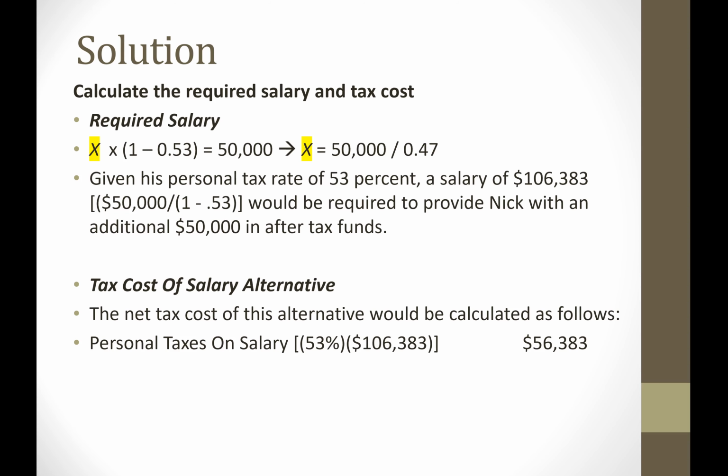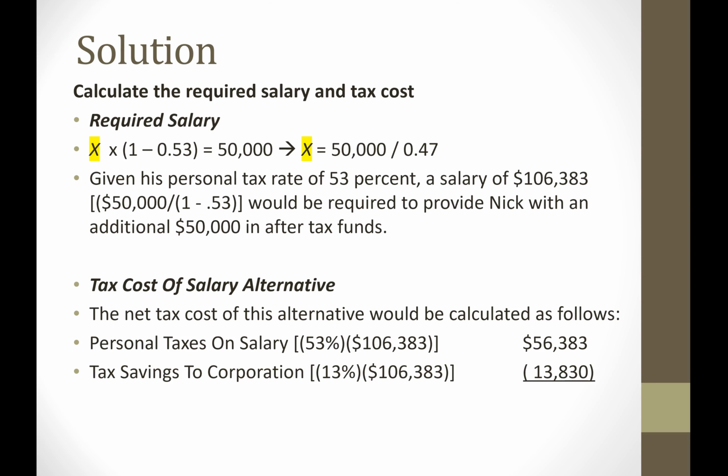Now, the other thing to note is that when C Corporation pays Nick the salary, that's going to reduce C Corporation's taxable income. So there's going to be some tax savings. Working through the math, the dollar amount of the tax savings to C Corporation is $13,830. So the net tax cost of the salary alternative is $42,553. Once again, a fairly straightforward calculation.